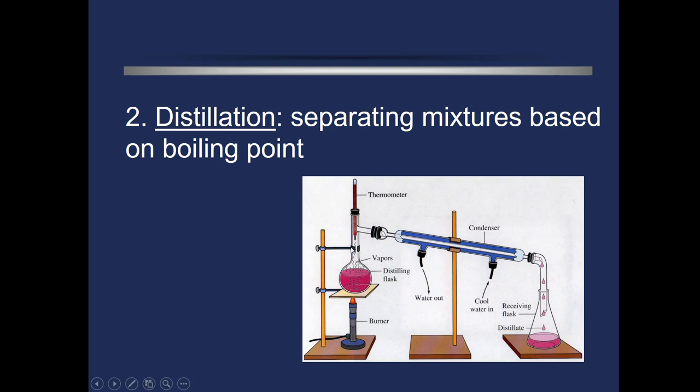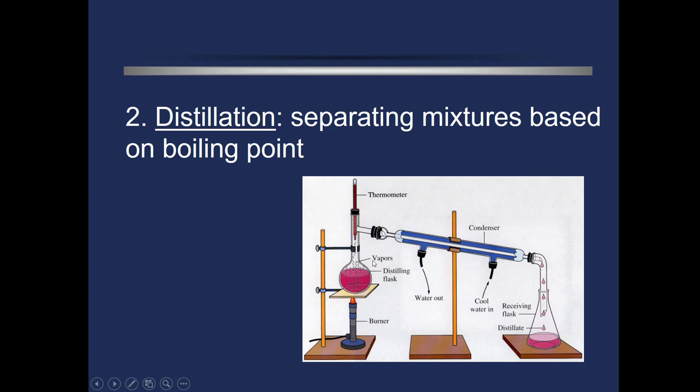And then as that liquid becomes a vapor, you would put it through a condenser. In the condenser, it's a jacket of cold water that will cool that vapor, and then it will turn it back into a liquid that you could then collect.